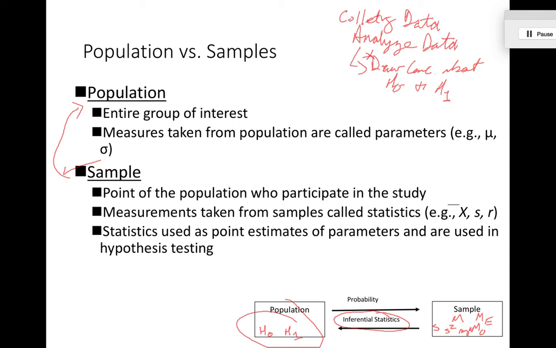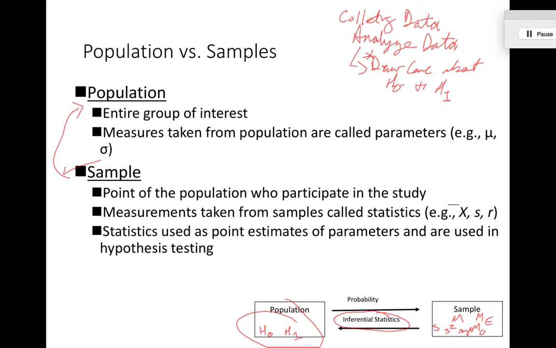When I try to test the null and the alternative hypothesis, in reality I shouldn't say the null and the alternative, I should really just say the null hypothesis, and I'll talk about why only the null a little bit later on. When we're testing the null hypothesis, we're going to be using statistics to estimate parameters. That's essentially what we're going to be doing, okay?